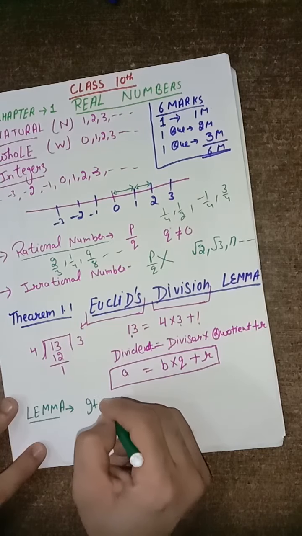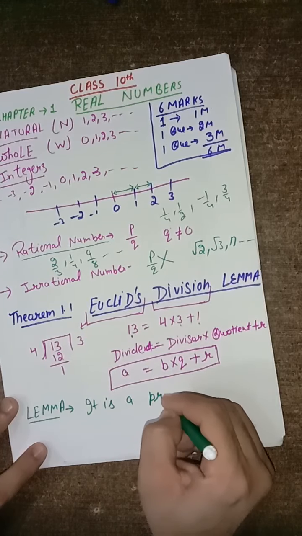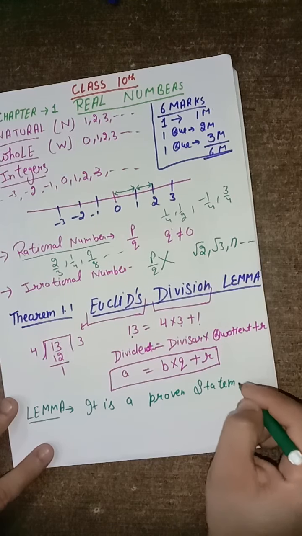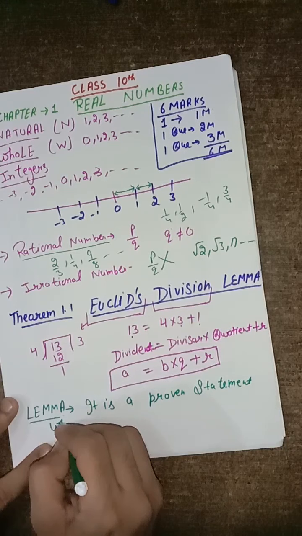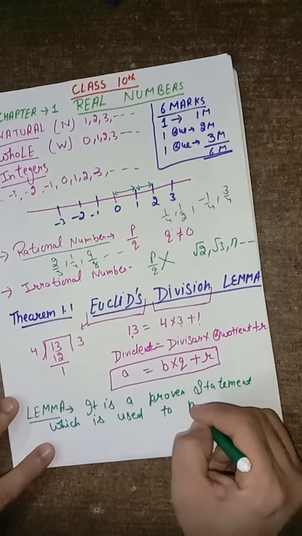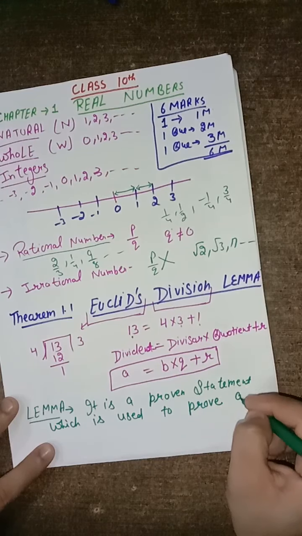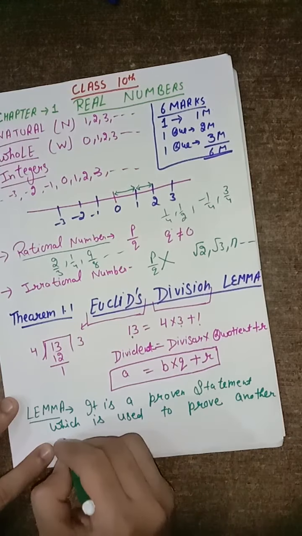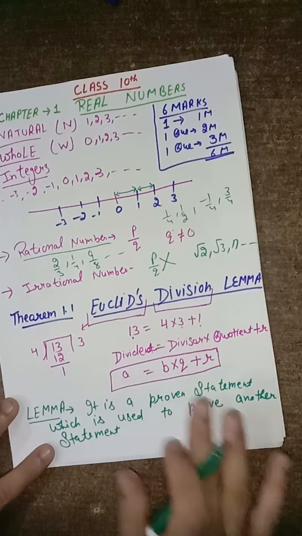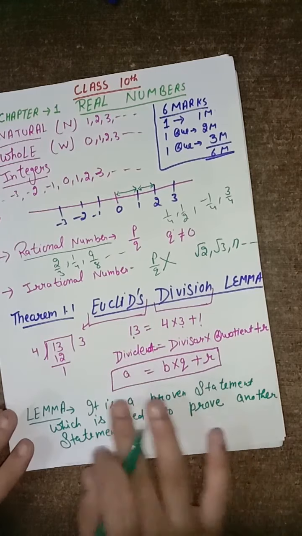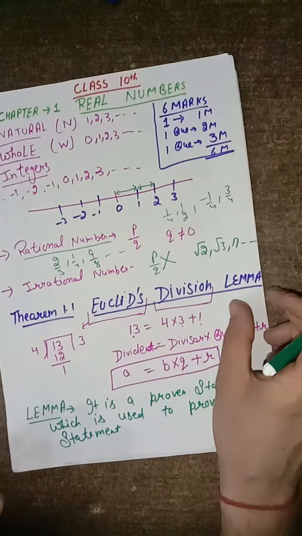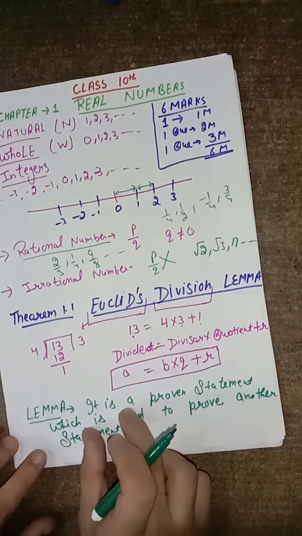Lemma means it is a proven statement which is already proved, which is used to prove another statement. Means if this is our proven statement, then we will use this statement to prove another statement. This is the meaning of lemma.